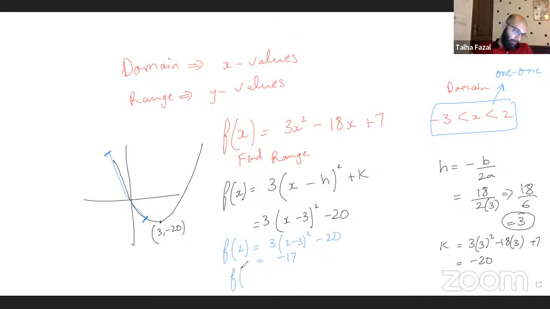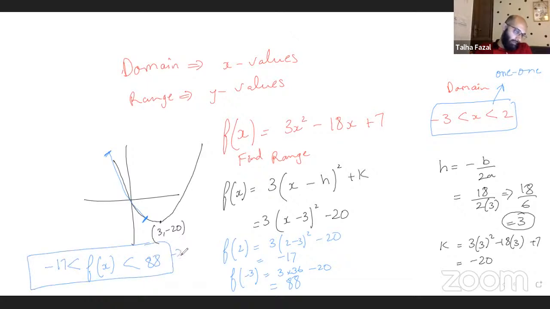And f of negative 3 gets me 3 times (negative 3 minus 3) squared minus 20: negative 6 squared is 36, 3 times 36 is 108, subtract 20 from it, you get 88. So the range for this function will simply be less than 88 and greater than negative 17. That is your range for this function.